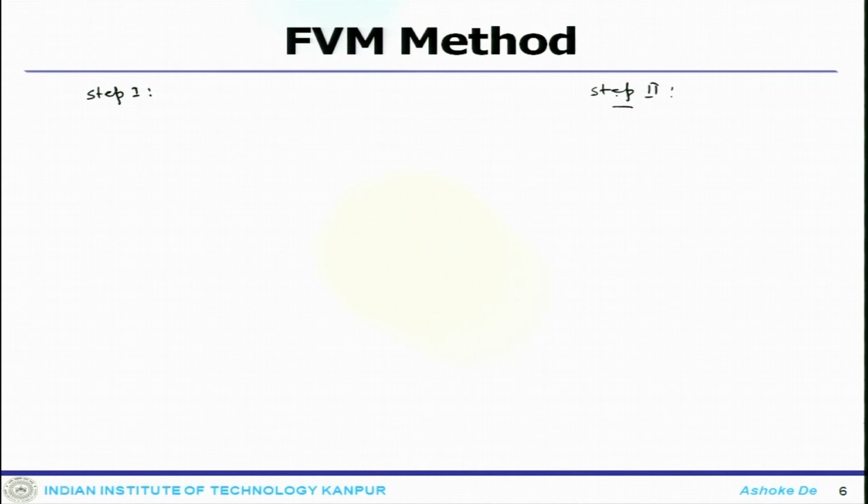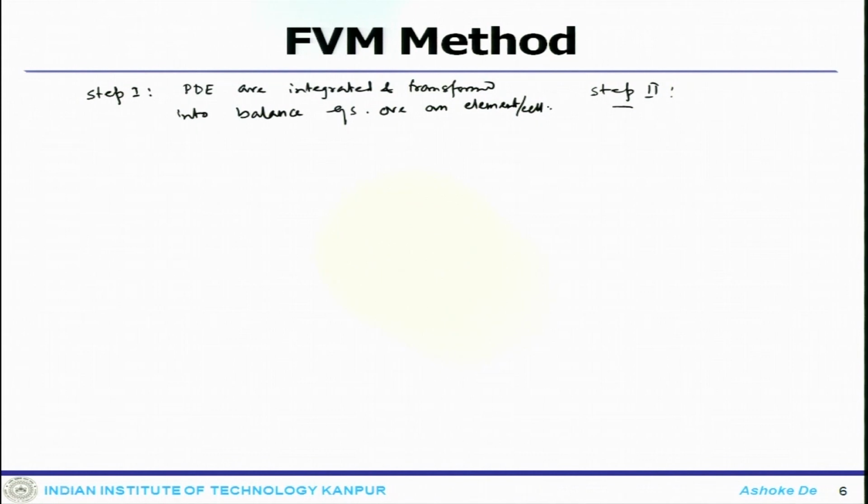In the first step, all your PDEs are integrated and transformed into some sort of balance equations over an element, or you can call it a cell.